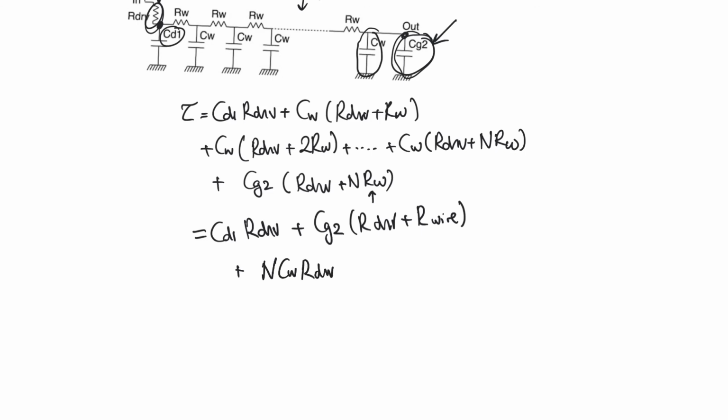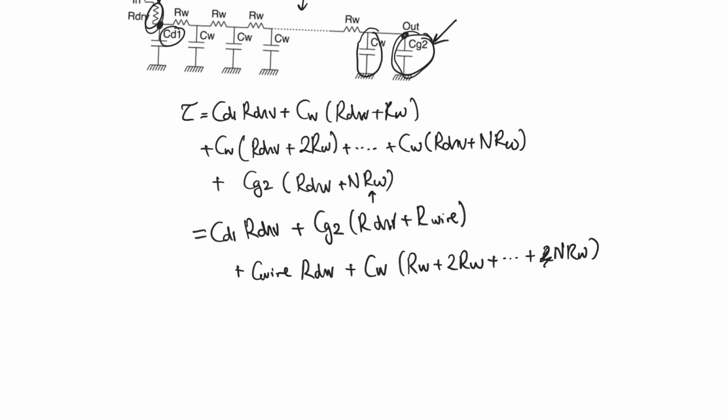But obviously n times CW is equal to C wire, so this is going to simplify into C wire. And then we're going to end up with a term which contains CW into R wire plus 2R wire, and so on, all the way up to NR wire.